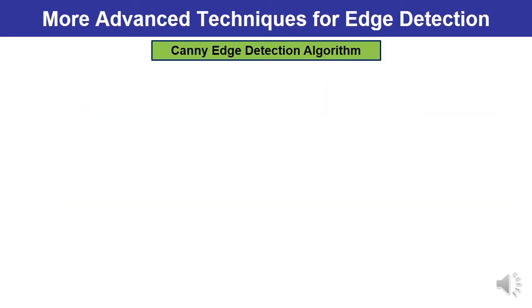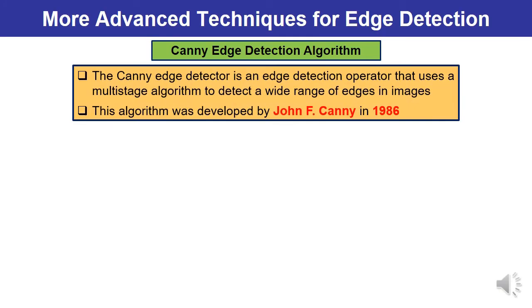Now let us discuss the most important one, Canny edge detection. This is commonly used in a number of applications. The Canny edge approach is based on optimizing the trade-off between performance criteria. And what are the performance criteria that we are going to discuss?